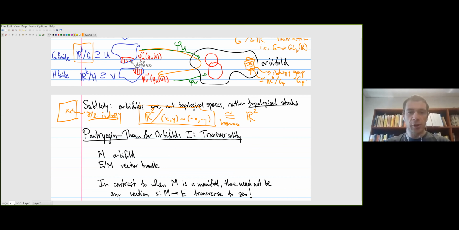Okay, so first of all, let me explain what exactly we mean by a vector bundle over an orbifold, because there are a few different things one could mean by locally trivial. A vector bundle will be locally trivial in a certain sense, but not in the strongest sense you might imagine.